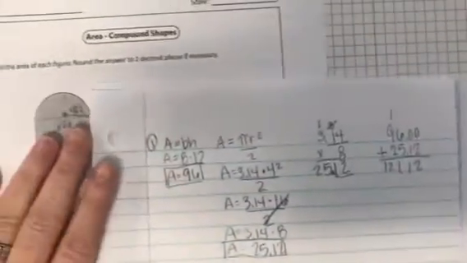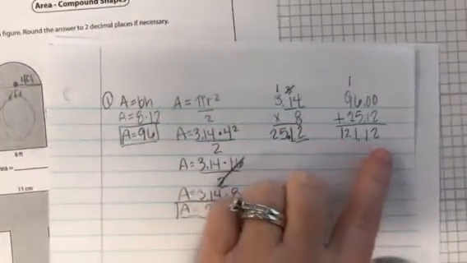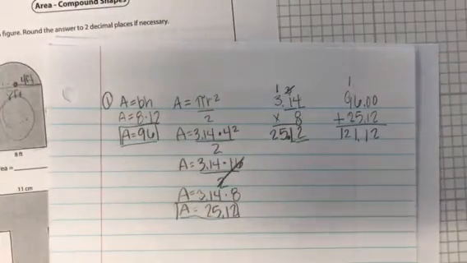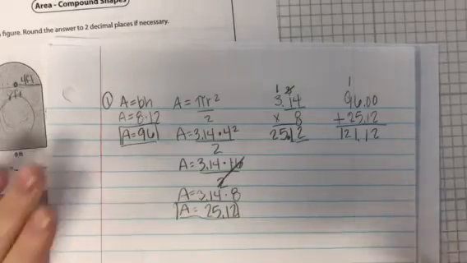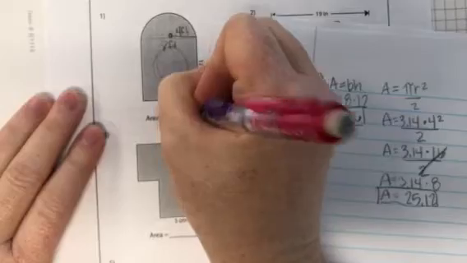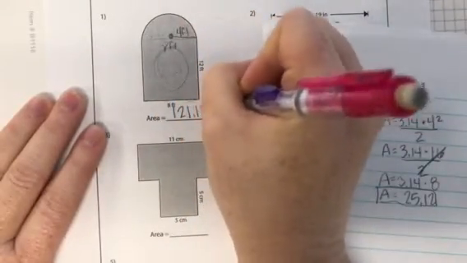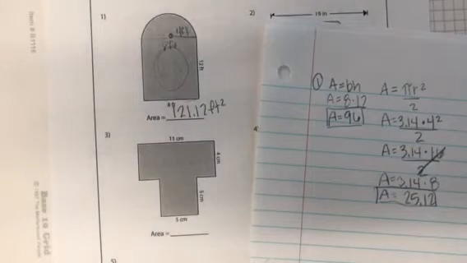Okay, let's look at my directions. It says round the answer to 2 decimal places. We're already at 2 decimal places, so we don't have to do anything, okay? So my answer is going to be 121.12 feet squared, okay?